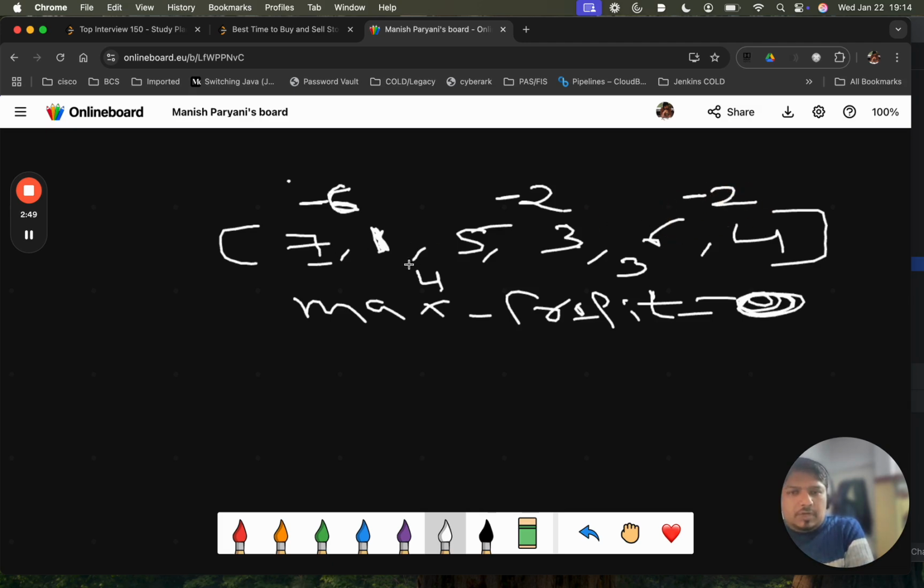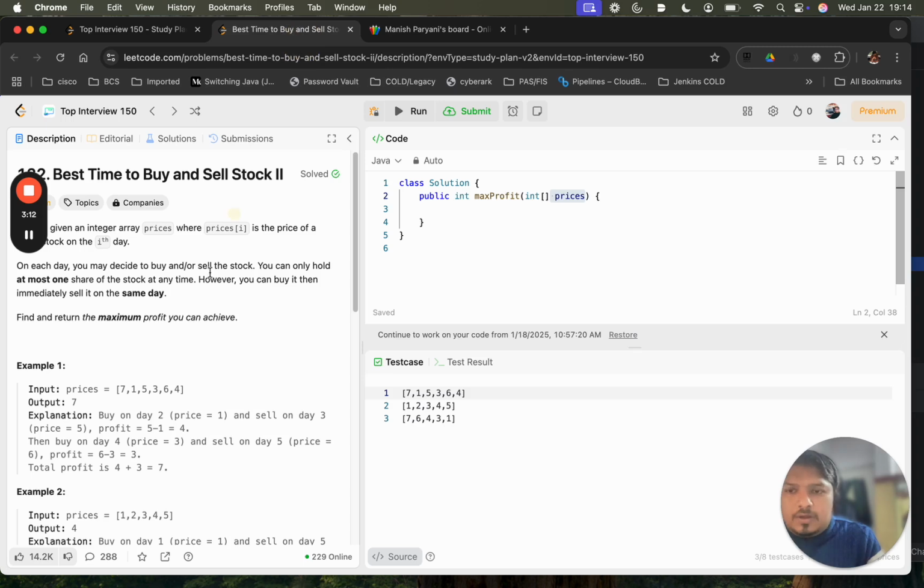So what we have to do is calculate the maximum profit we can make, and we can clearly see that if we sum the profits, we will get our answer, 7. So buy on the second day, sell on the third day, and again buy on the fourth day and sell on the fifth day, and if you calculate the profits and sum them, it is 7, right?